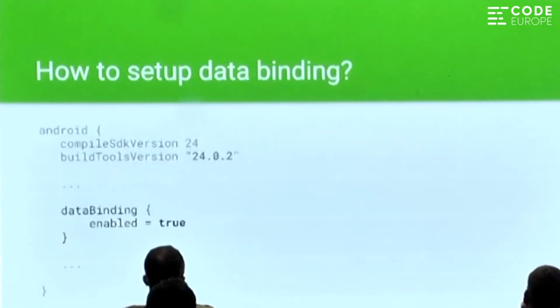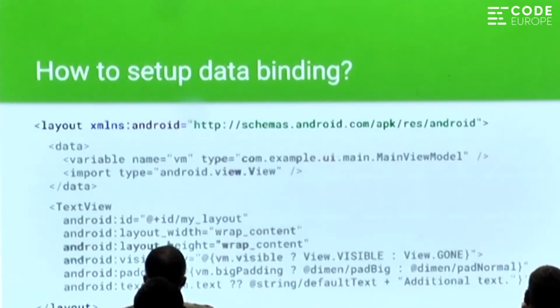So now let's look at how we can set this up in your app. First, go to your app's build.gradle file and add dataBinding enabled true in the Android section. This tells the build system that it needs to start processing the layout files and create the binding classes for it. Next, go to the layout file where you want to use data binding and wrap the topmost element in a layout tag.